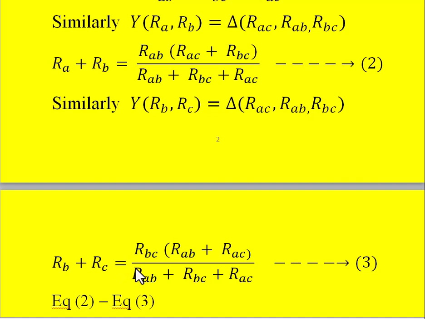That must be equal to the equivalent resistance between terminals B and C in the delta form, that is RBC into RAB plus RAC divided by RAB plus RBC plus RAC. RAB and RAC are in series, so they are added like this, and this combination is in parallel with RBC, so the parallel combination equation will become like this. So let us say this is equation 3.